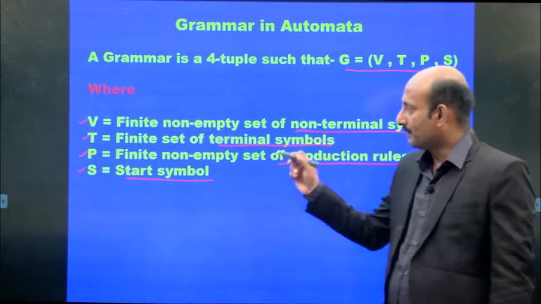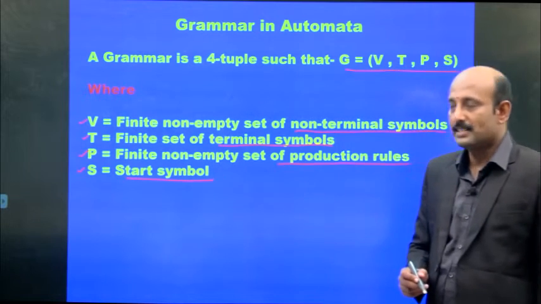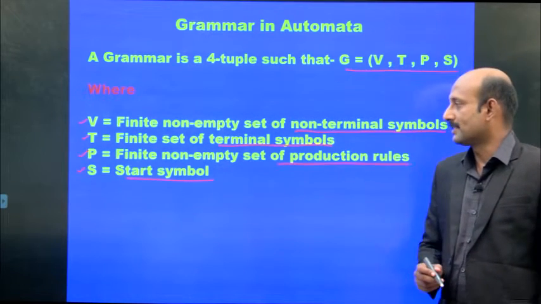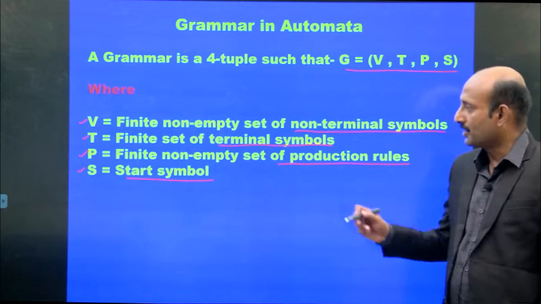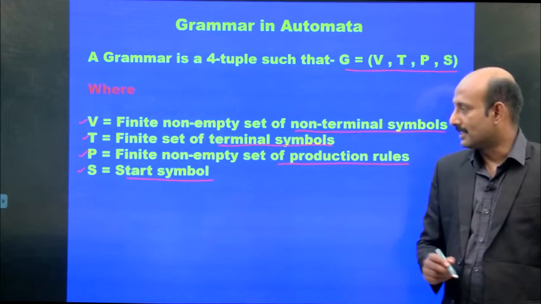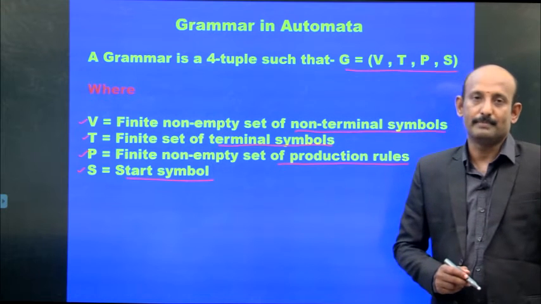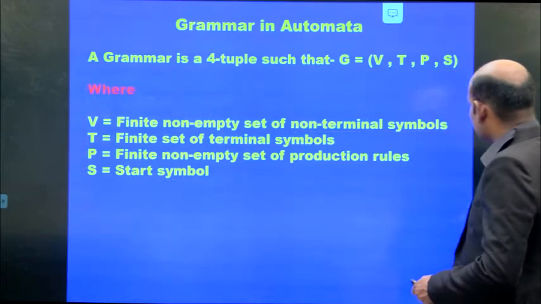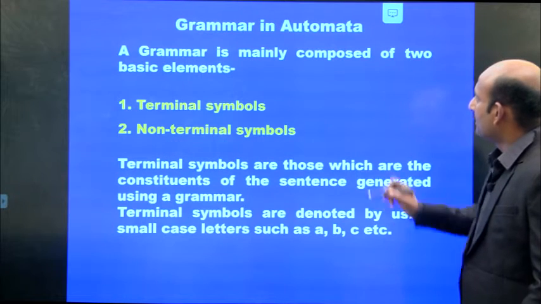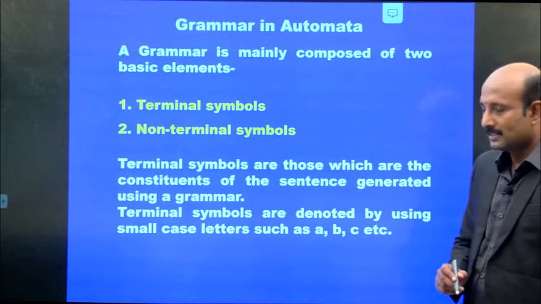Likewise, T is a finite set of terminal symbols, P stands for a finite set of production rules, and S stands for the start symbol. So the grammar is mainly composed of 2 elements.